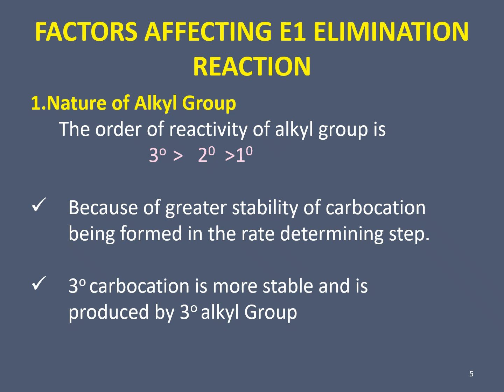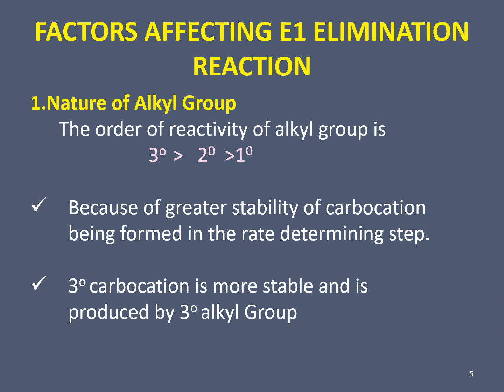But the reason for the rate change in the E1 elimination reaction is because of the difference in the alkyl groups present. And this is because of the greater stability of the carbocation being formed in the rate determining step.